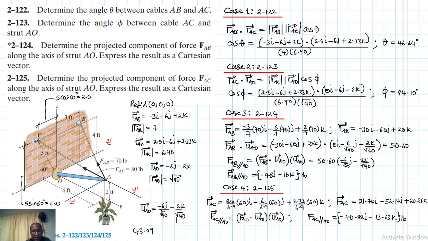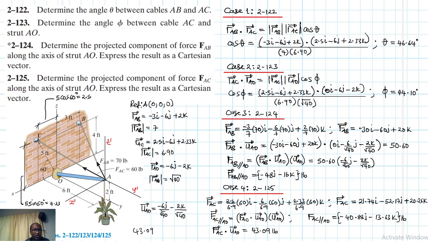All right. So determine the projected component, of course, this FAC vector force dot UAO, this is equal to 43.09 pounds.